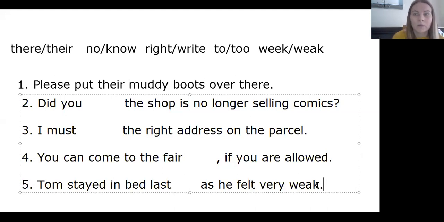He felt very, very weak. So it's how you might feel when you're poorly or when you're ill and when you might have to go to bed. So the clues in the sentence, pick the correct homophone that you need to use. There's only one left. So if you've got the others right, it'll be the only one that's left. Write out the sentence for me in your beautiful handwriting and choose the correct spelling for this homophone here. Pause the video now.